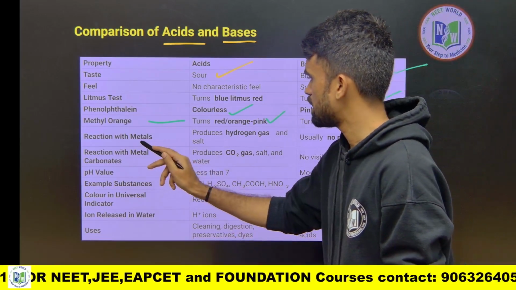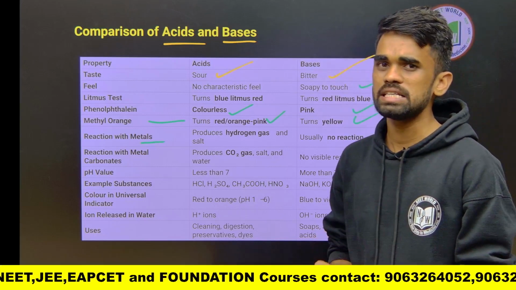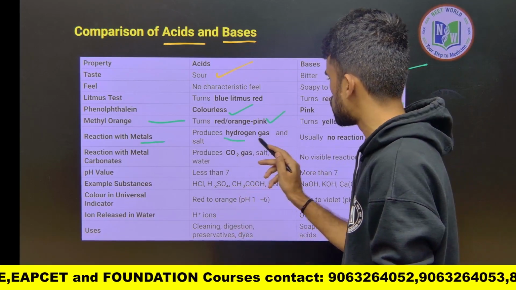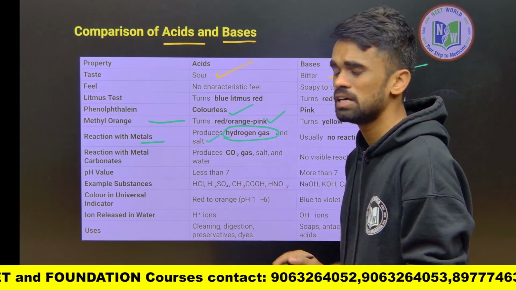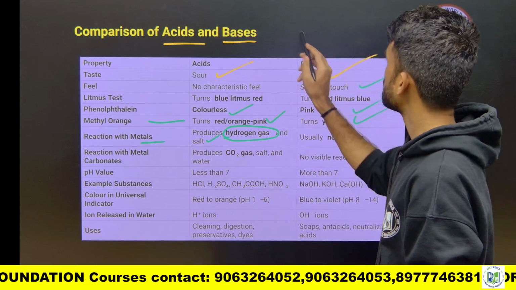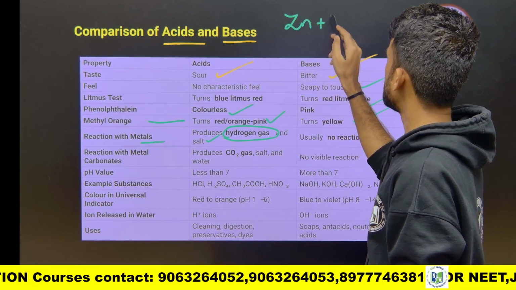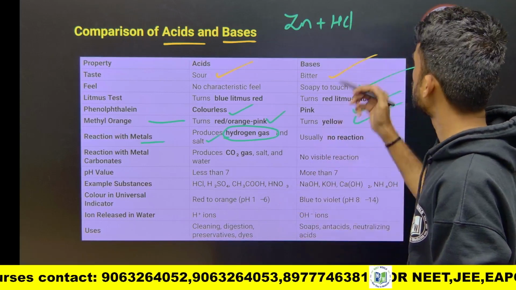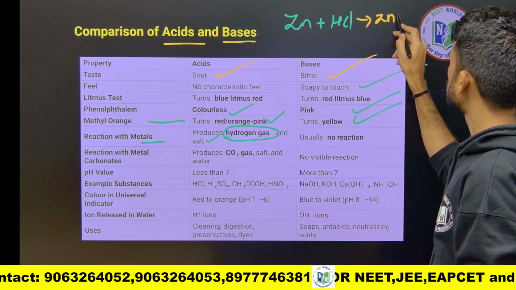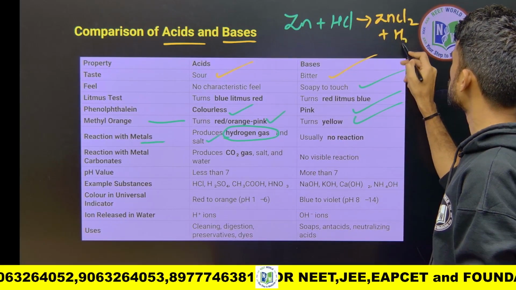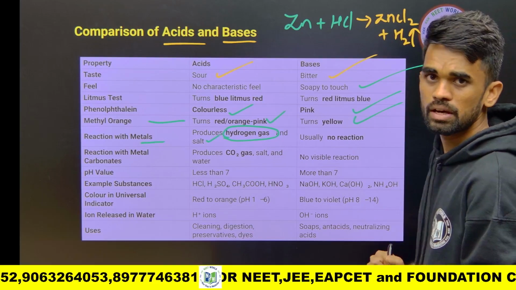Then next, reaction with metals. Acids upon reaction with metal give hydrogen gas and a salt is formed. One best example we discussed is zinc metal treated with an acid like HCl, which gives ZnCl2 plus H2 gas released. I hope it is clear.